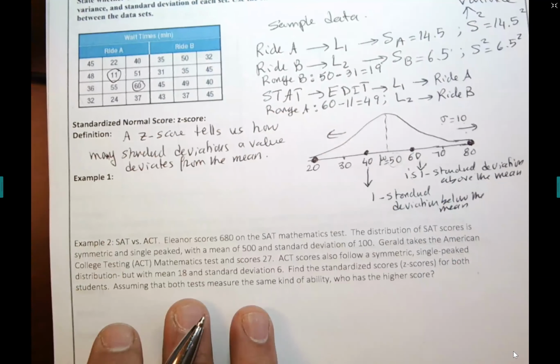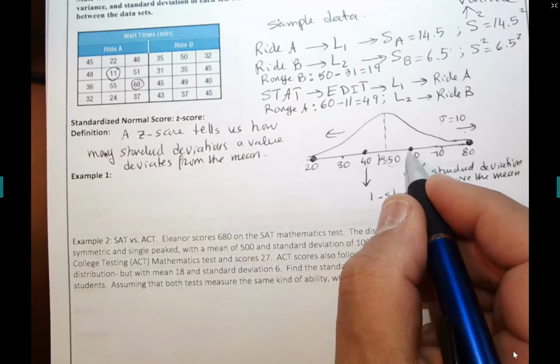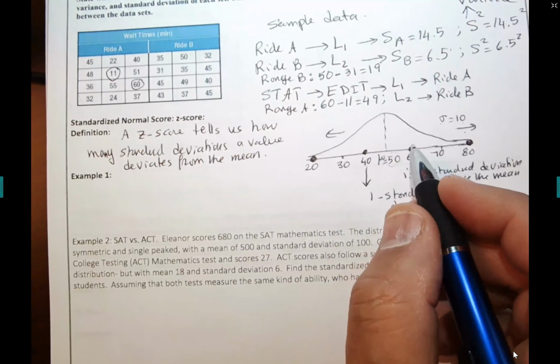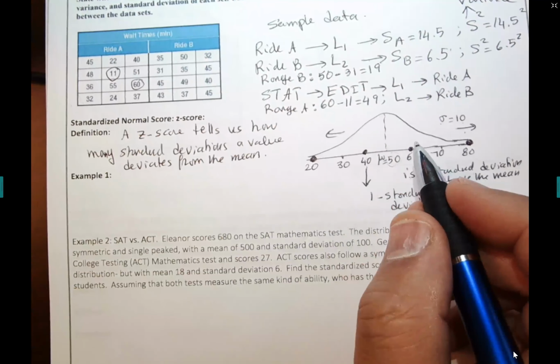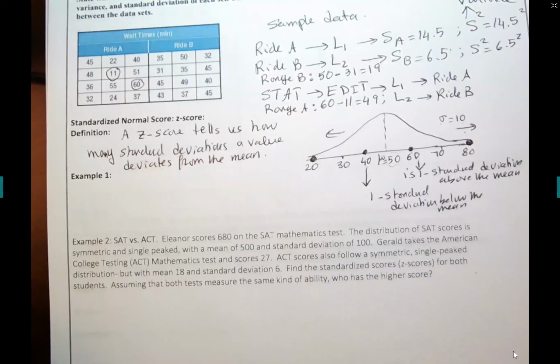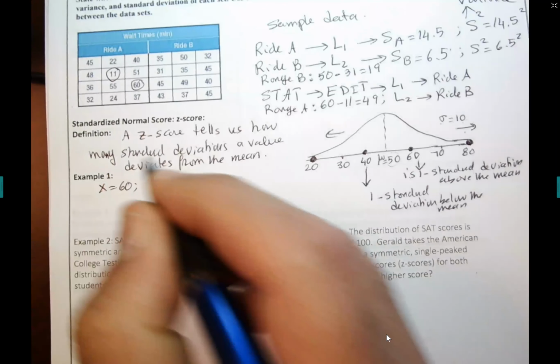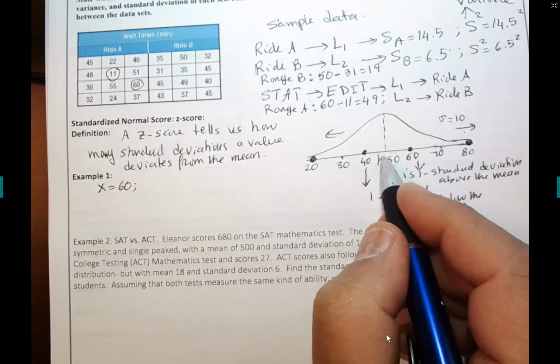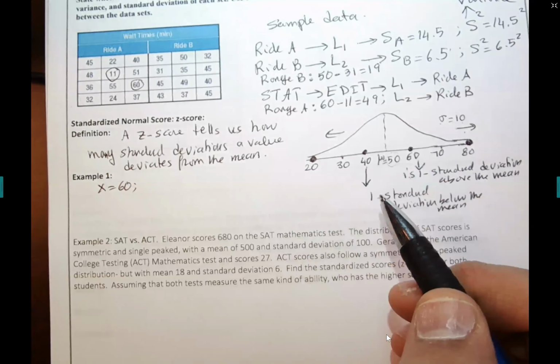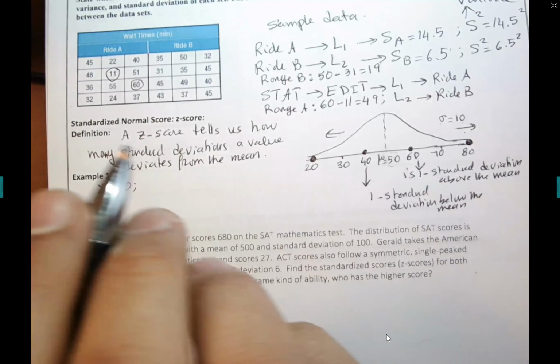Okay, we're gonna do it for 60. Let me show you how to find it for the value 60, guys. How did we figure it out? We said 60 is 10 points away from the mean, so it's 1 standard deviation above the mean. But look what you can do.